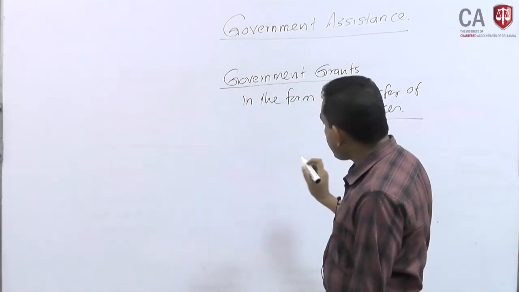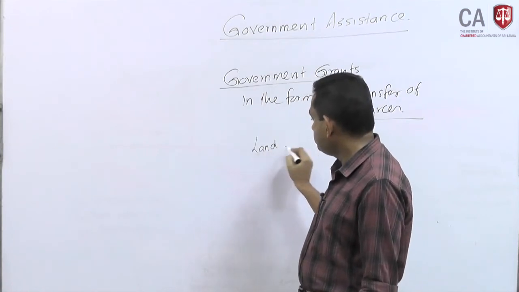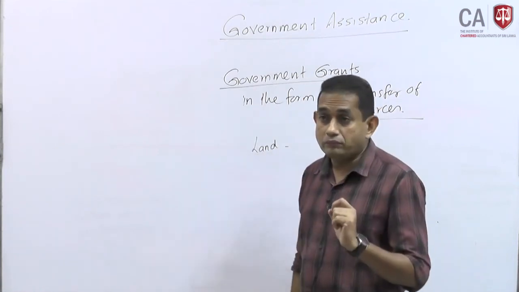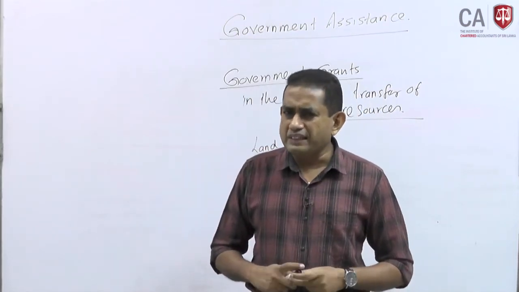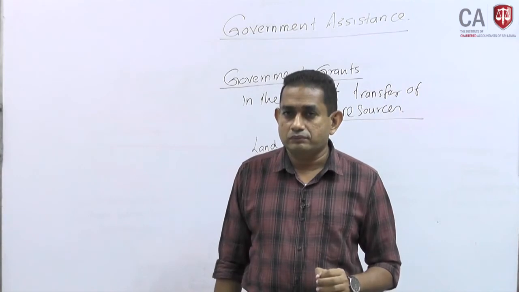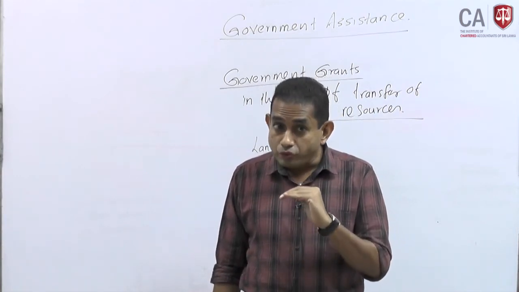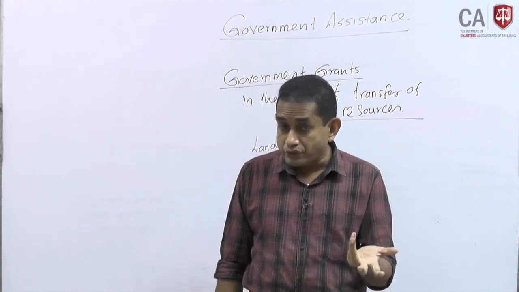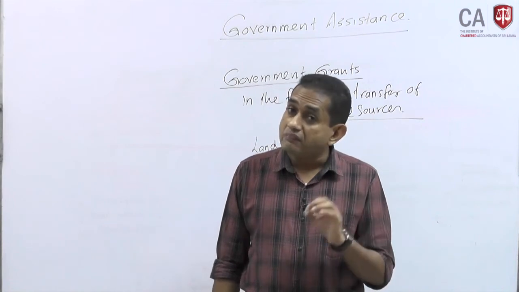So, the very first example was land to a hotel company, and that was a government assistance, wasn't it? And is that a government grant in the form of transfer of resources to an entity? Yes, it is. It is a government grant.